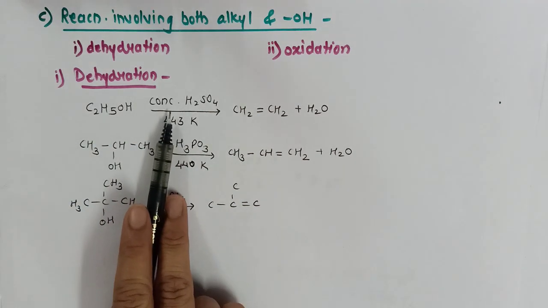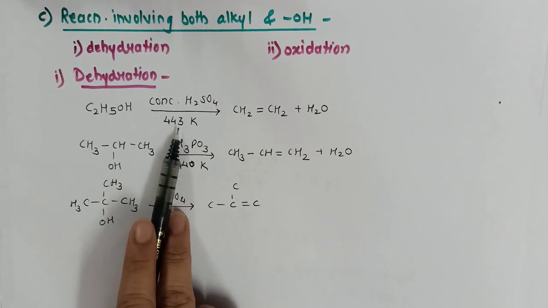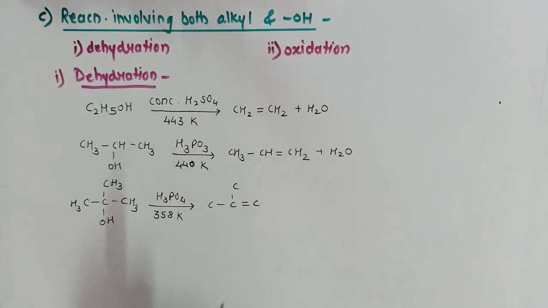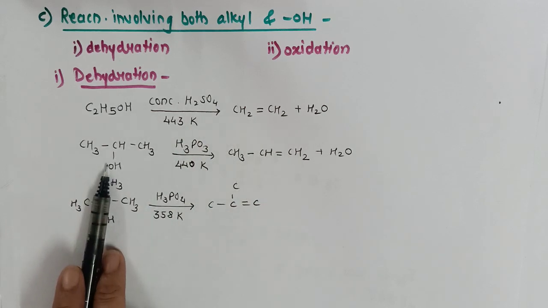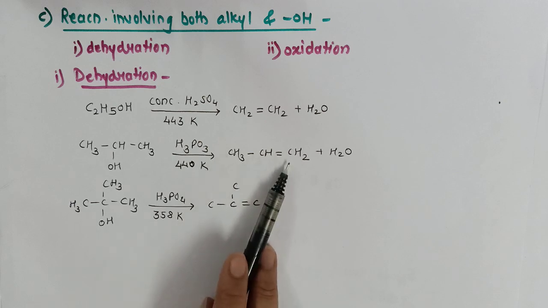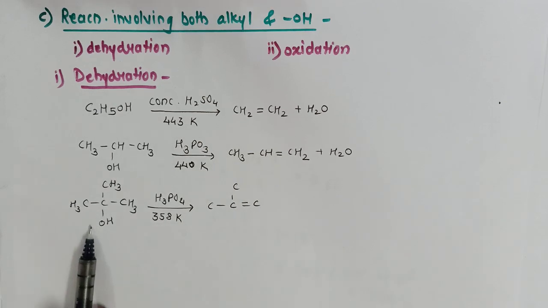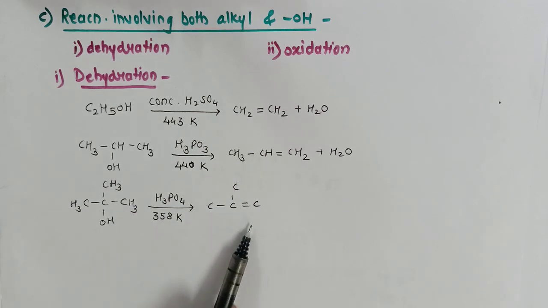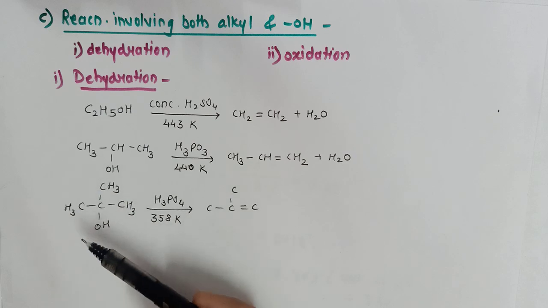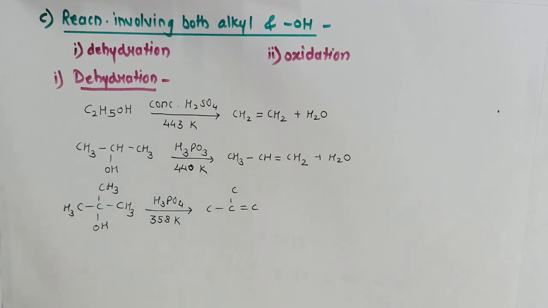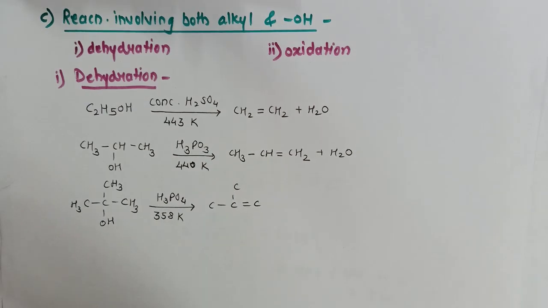Ethanol, when it is treated with concentrated H2SO4 at 443 Kelvin, by the loss of active hydrogen, will form ethene. If you move to 2 degree alcohol, then it will also give ethene. 3 degree alcohol is also giving an alkene. But you must have noticed one thing, that as we move from 1 degree alcohol to 2 degree and 2 degree to 3 degree, the reaction conditions are getting milder.